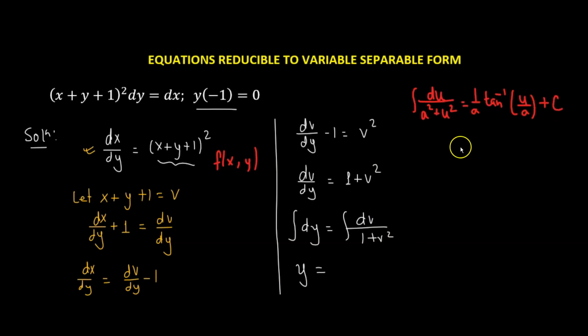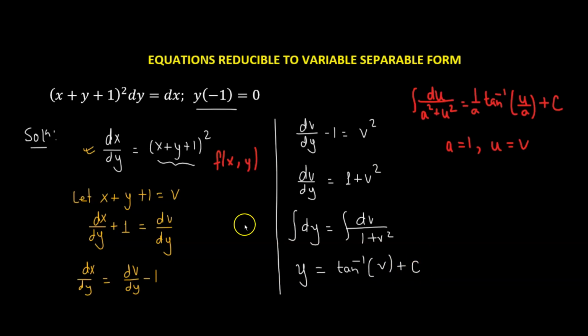So in our integral, the value of a is equal to 1, and our variable u is simply v. So we have 1 over 1 times the arc tangent of v over 1 plus the constant of integration c.